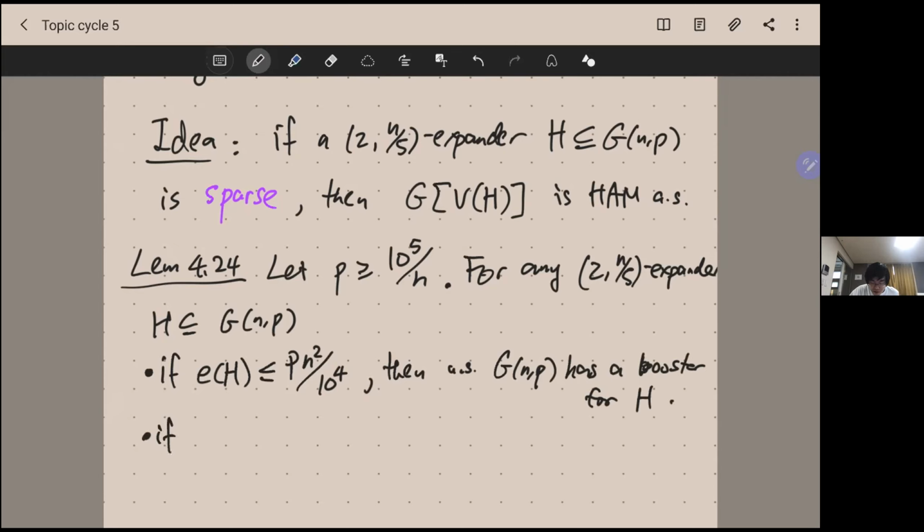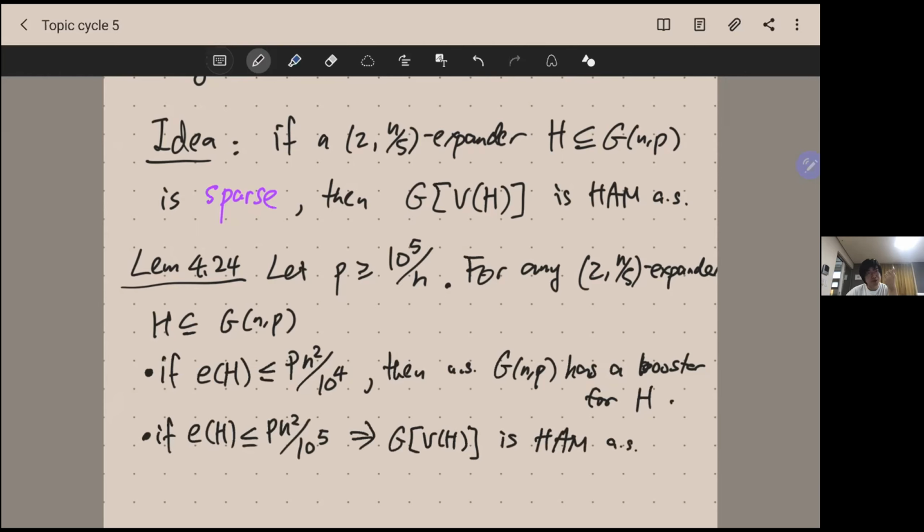Because if this is true, consequently, we just make it even a little bit sparser. Then by the first part, G(n,p) has a booster for it. We add it to it. Again, we only add one edge, so it's again sparse.